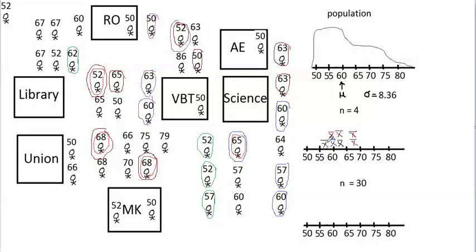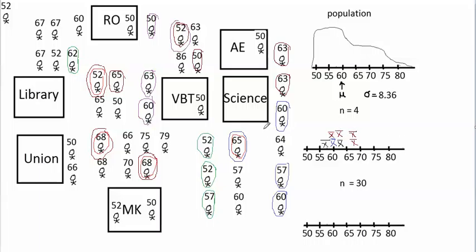So down here we have the samples of 4 people that have the lowest sample means, so they're the shortest possible samples. And up here we have taller groups of 4 people that have higher sample means.